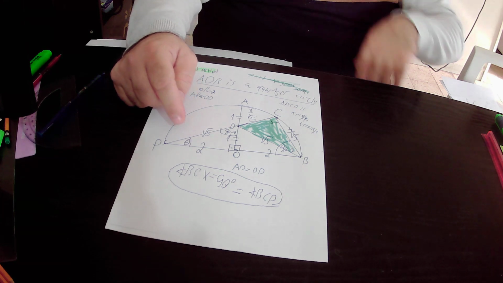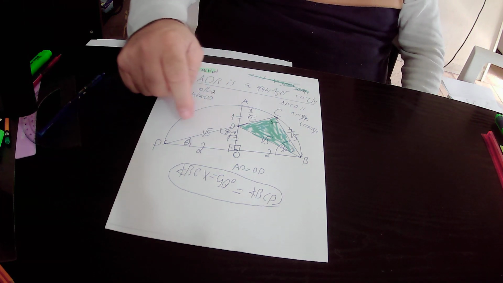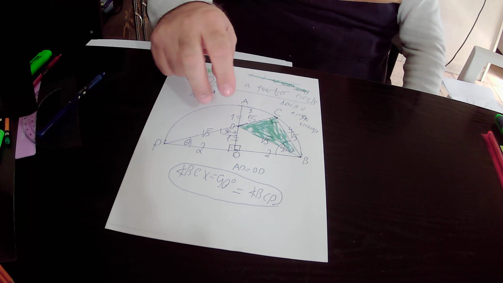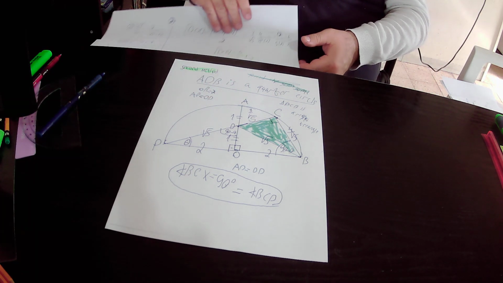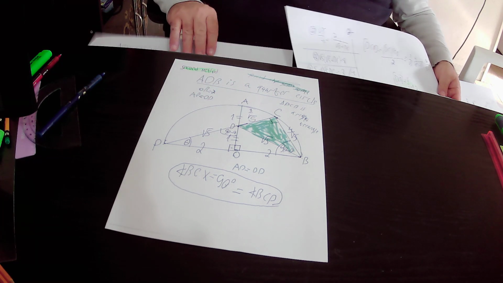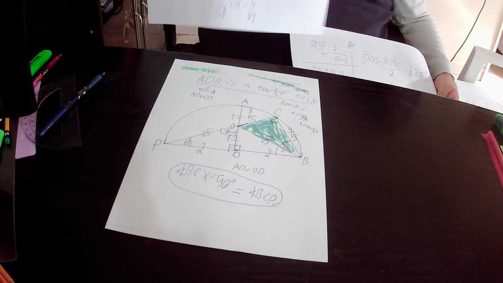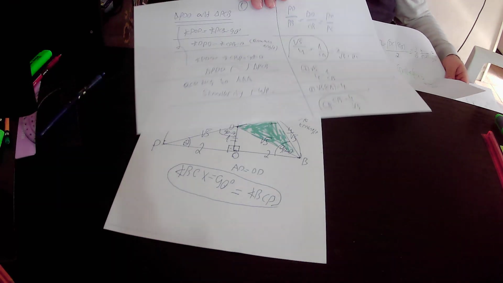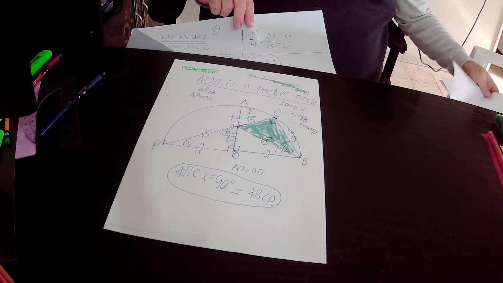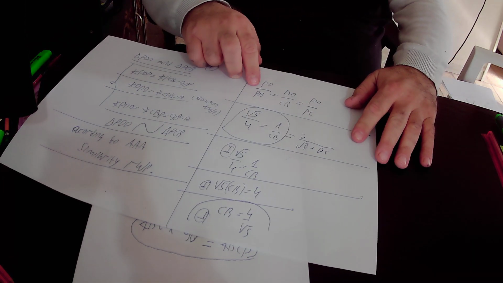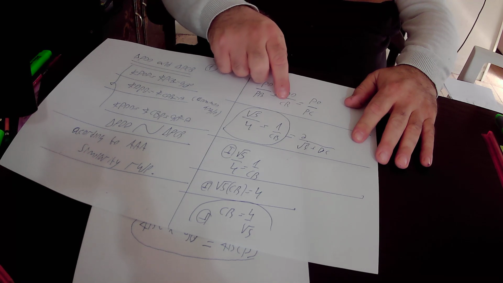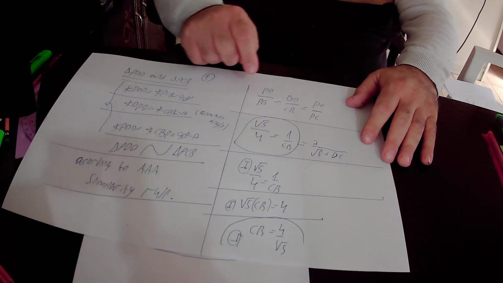So all the angles of triangle ADO are equal to all the angles of triangle PCB, therefore those two triangles are similar according to the angle similarity rule. From the fact that those two triangles are similar, we conclude that PD over PB equals DC over CB equals PO over PC.